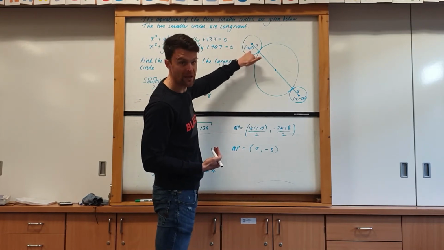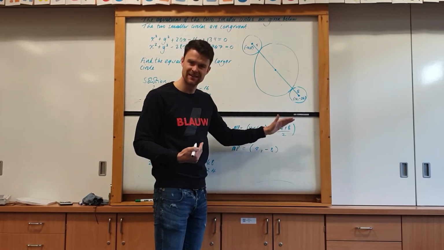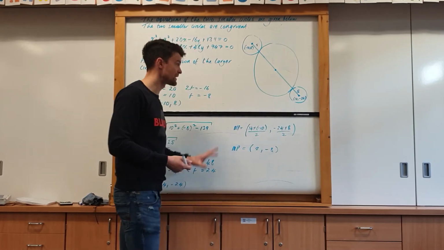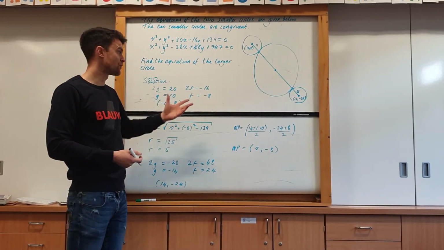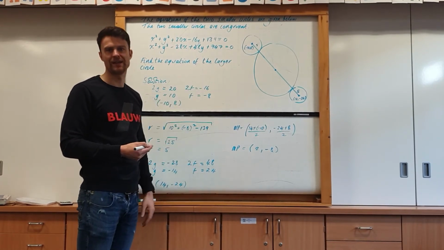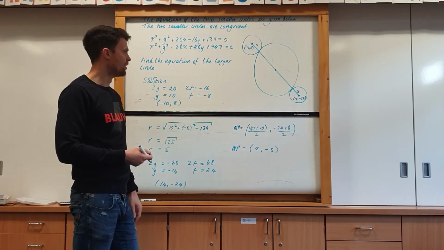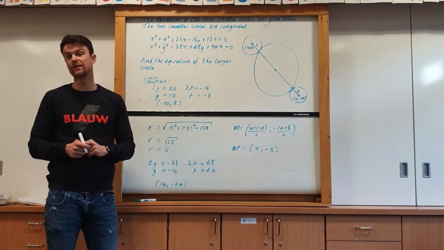It's got to be lower down than the first centre and higher up than the second centre, and again, negative 8 fits that bill. So again, if you've got a sketch, if you've got a diagram, just make sure the maths you're doing ties in with the diagram before we crack on and answer the question. Right, okay, so that's good, that's one of the things in the checklist I want.